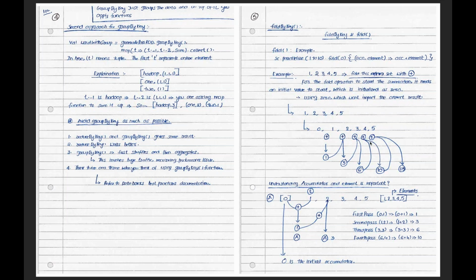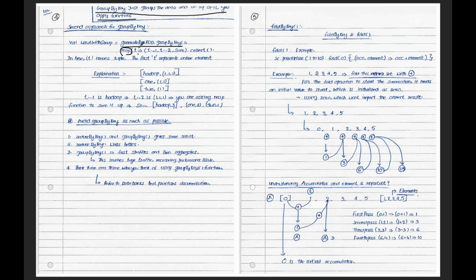Now, the second approach for group by key. Let me take a pen. Now see guys, group by key just groups the data. On top of it, it applies the functions. Now if you see here, generate RDD dot group by key, and you apply a map function.